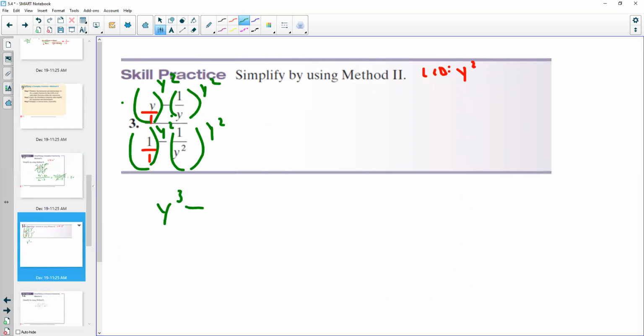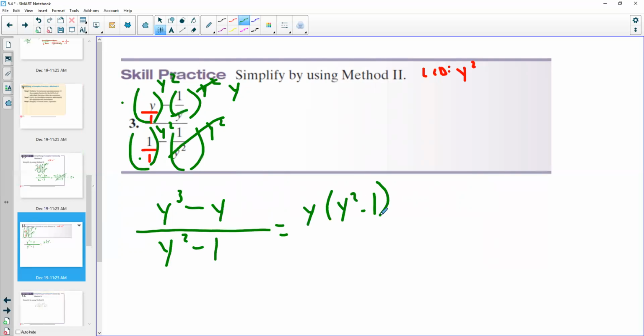Minus, let's see, y and y squared cancel each other. That's just 1y left, minus y. Over, that's really just y squared because there's a 1 on that. And then the y squareds cancel, minus 1. Okay, great. Simplify. On the top, I can take out a y, so I get y squared minus 1. On the bottom, y squared minus 1 is a difference of squares. y minus 1, y plus 1.